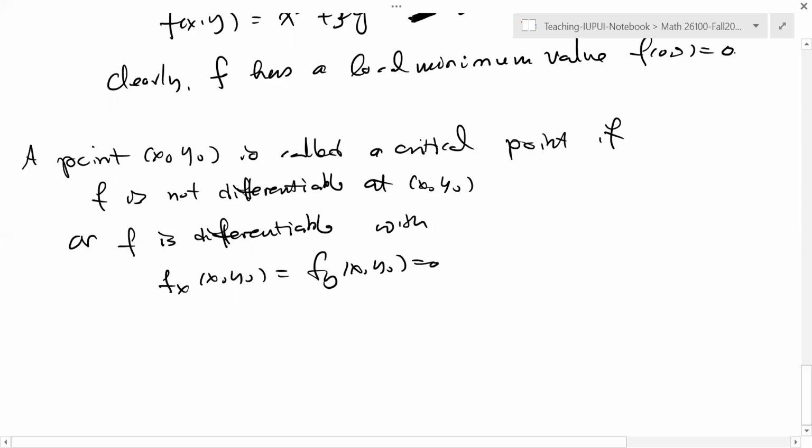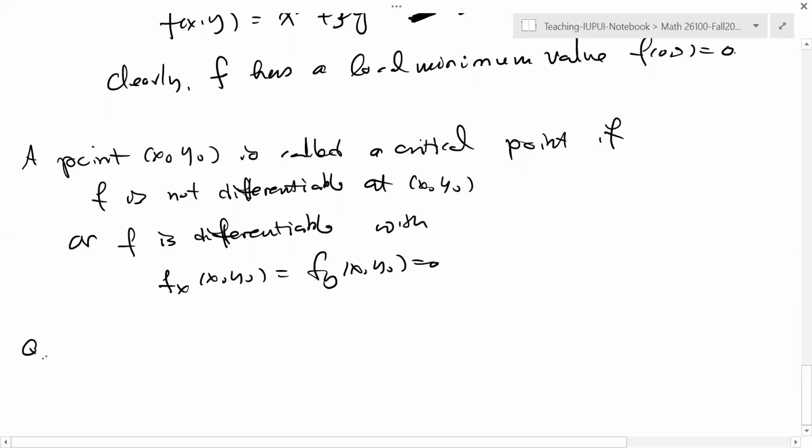If it's not differentiable, it's critical. It's also easy to find. So the most challenging work is to determine whether the critical point has a local maximum value. So let's take a look at the problem.